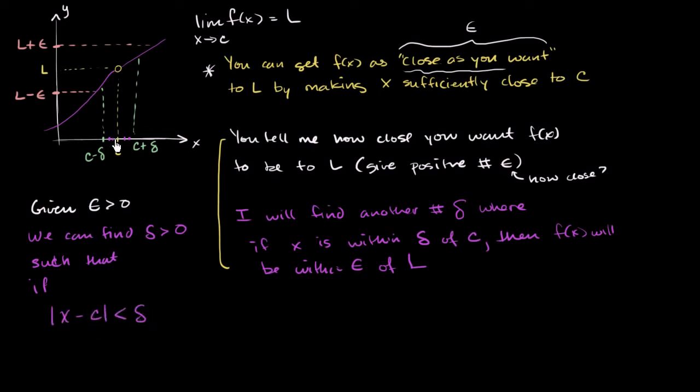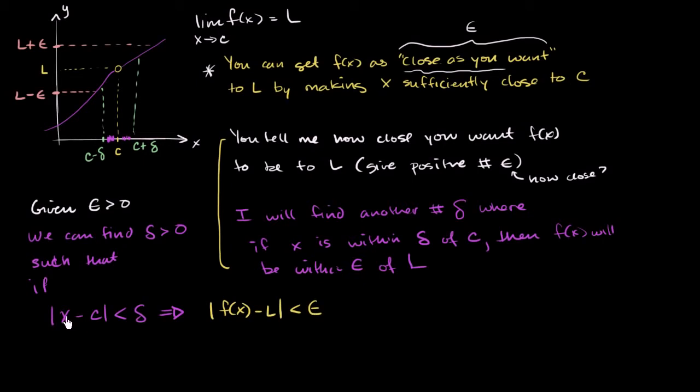This statement is true for any x that's within delta of c. So if you pick an x that is in this range between c minus delta and c plus delta, then the distance between f of x and your limit is going to be less than epsilon.